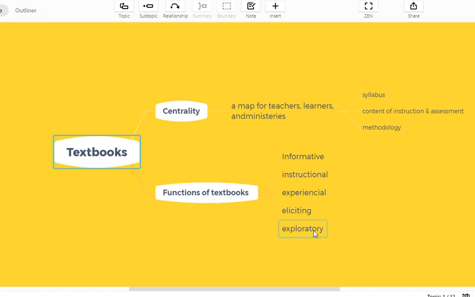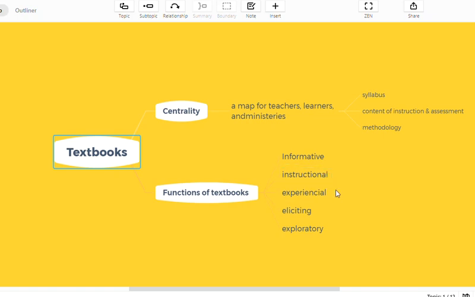If we want to evaluate the textbooks you have used so far as a learner or as a teacher, the textbooks are usually informative and instructional. They lack the quality of being experiential, they lack the eliciting ability, and they lack the quality of being exploratory.